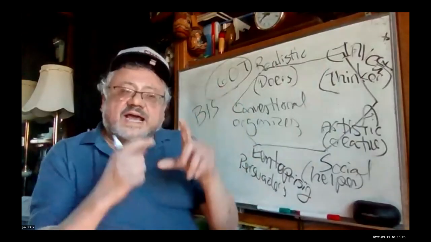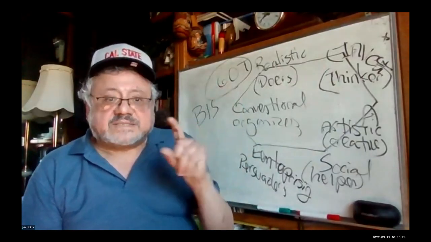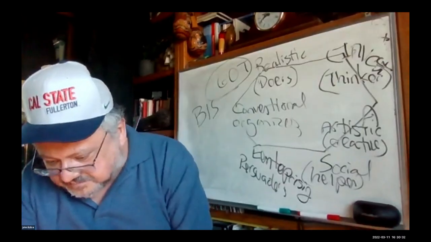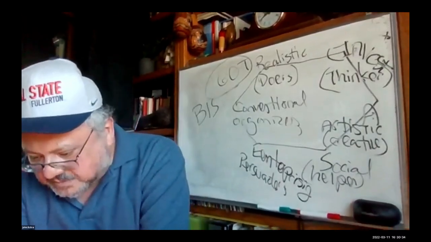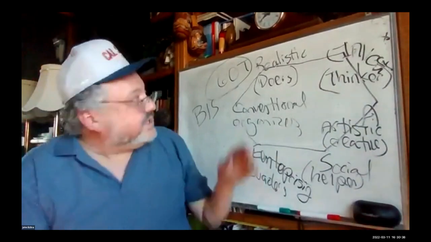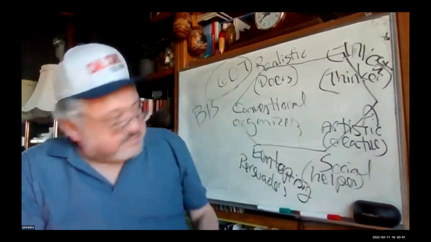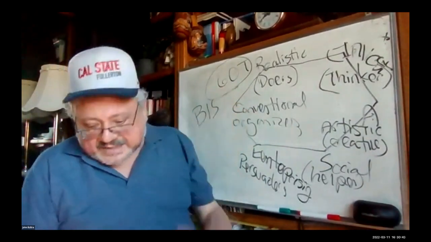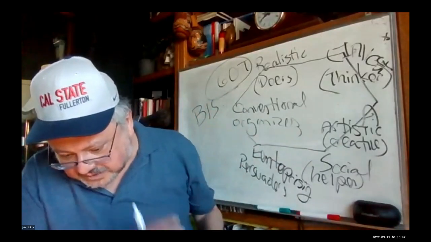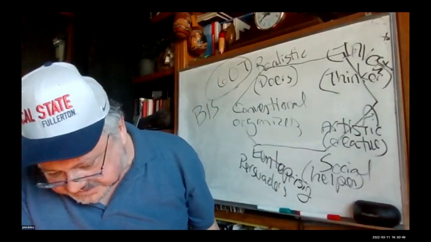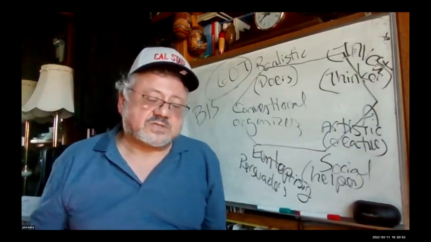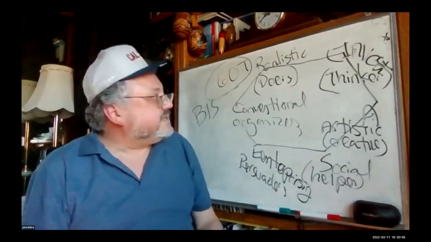So each theme has its own subset of basic interest scales. Let me give you a quick example. For example, under R for realistic, the basic interest scales that support that theme would be military, computer hardware, electronics, protective services, athletics, mechanics, construction, nature, and agriculture. And there's probably a few more you can add to that list.